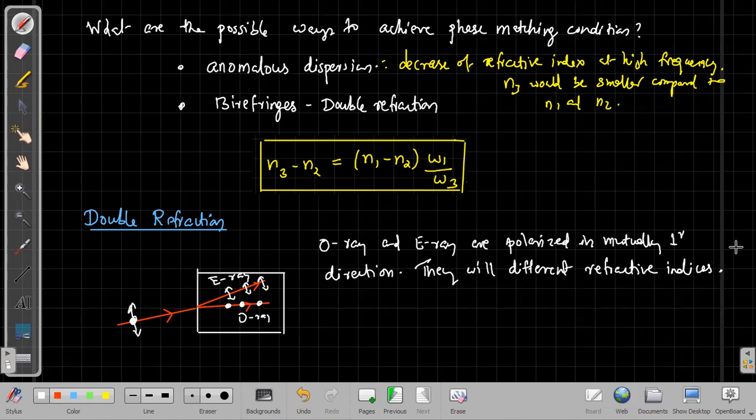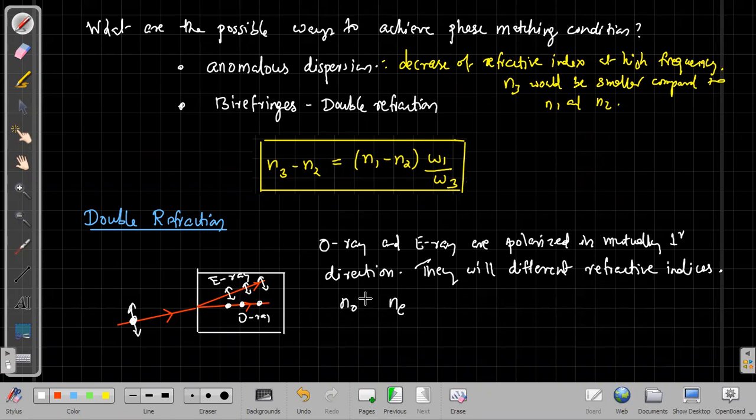This is what is called double refraction. The refractive index of the ordinary ray we can denote by the symbol NO, and the refractive index of the extraordinary ray we can denote by the symbol NE.